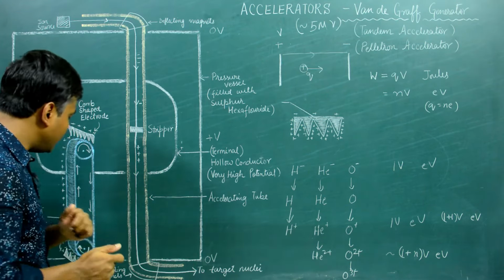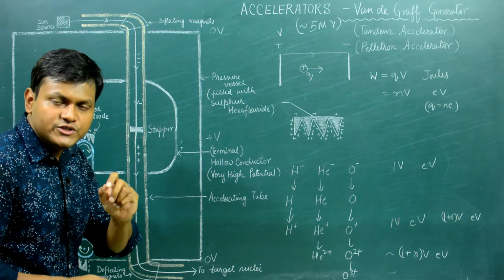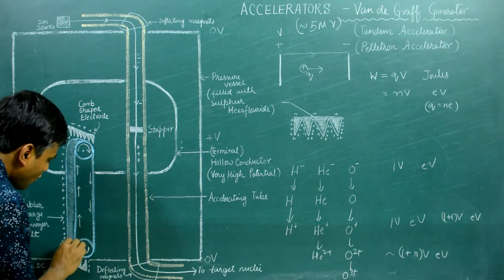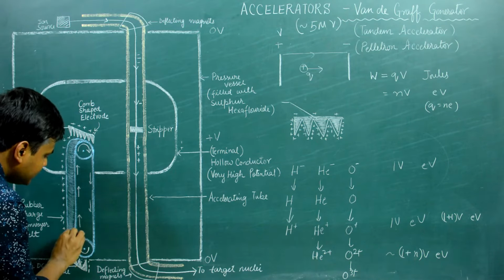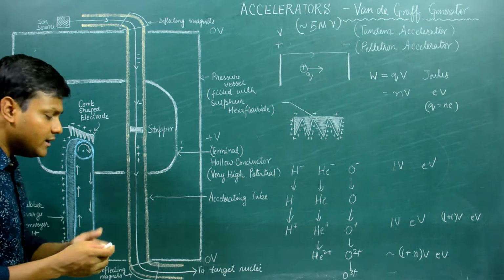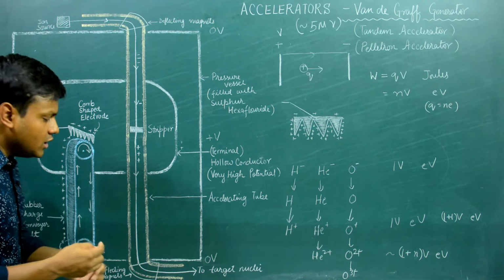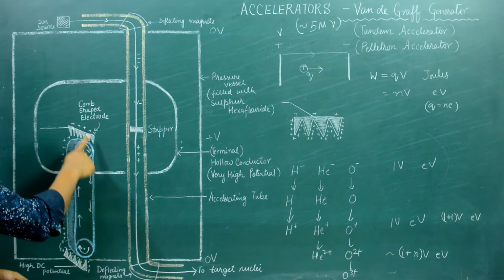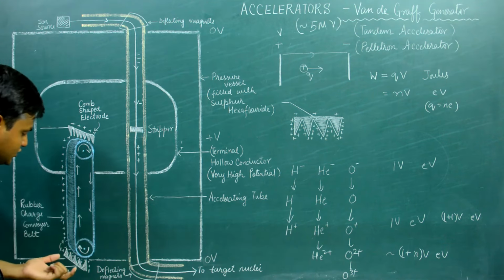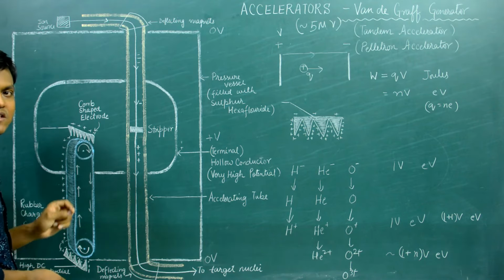The chain is made up of small metallic cylindrical tubes connected to each other by an insulating material like nylon, so instead of a belt, you effectively get a chain transporting charges over and over again. It is these small metallic cylinders which get charged here, and which get discharged at this particular point.